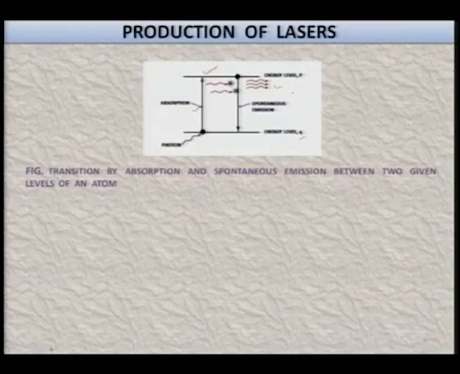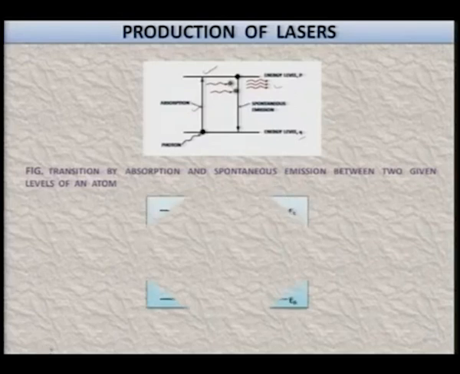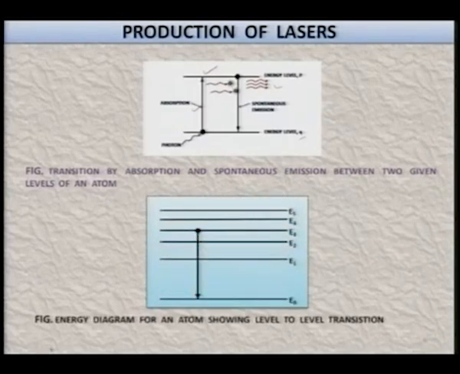So, this is the transition by absorption and spontaneous emission between two given levels of an atom. Same thing as I was telling, from energy level E1 to E2, or here it is shown from energy level E1 to E3 and then decaying back to energy level E0, that is, here in place of E1 it is given as E0. From E0 it is going to E3 and back to E0, and it releases a photon.